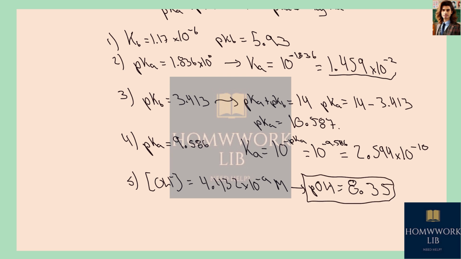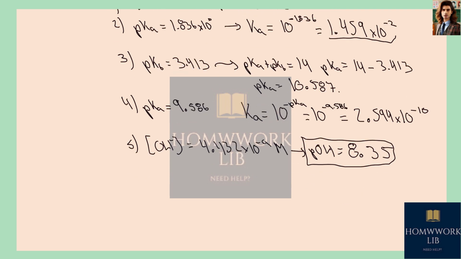Next up. The next one, we have the pH of an aqueous solution at 25 degrees Celsius, and we are told that the pH is equal to 1.143 times 10 to the 1, right? So the pH is 11.43. What is the concentration of hydrogen ion?